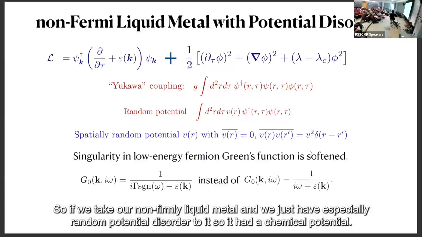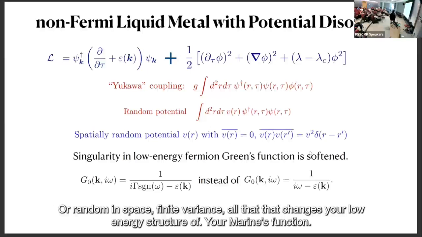So if we take our non-Fermi liquid metal and we just add spatially random potential disorder to it, so you add a chemical potential here that's random in space, with no mean and finite variance, well, that changes the low energy structure of your bare Green's function.